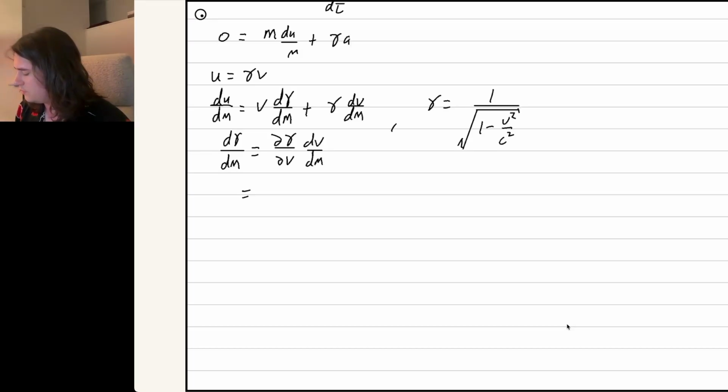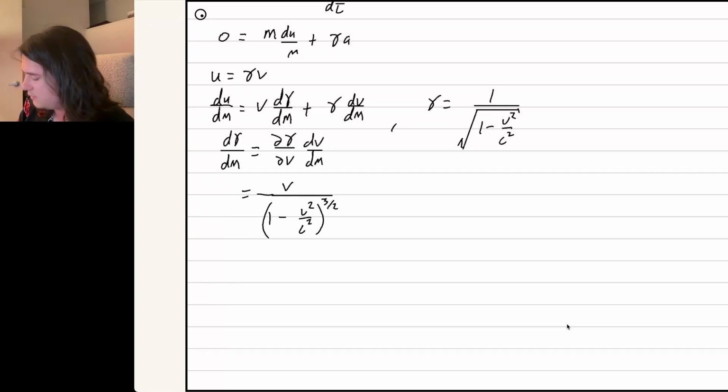So it's truly just going to be v over (1 minus v squared over c squared) to the 3/2, and I think there's supposed to be a c squared on the bottom as well. c squared there. Looks good to me.